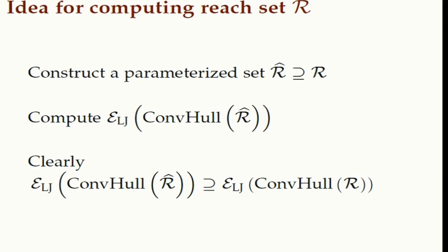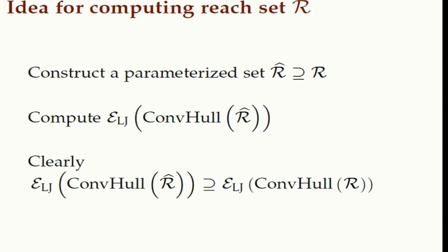So our idea to apply this concept to reachable set over-approximation is that we want to construct a parameterized set R hat which is guaranteed to outer approximate. I think that the inclusion is the other way? No, it is the correct way.